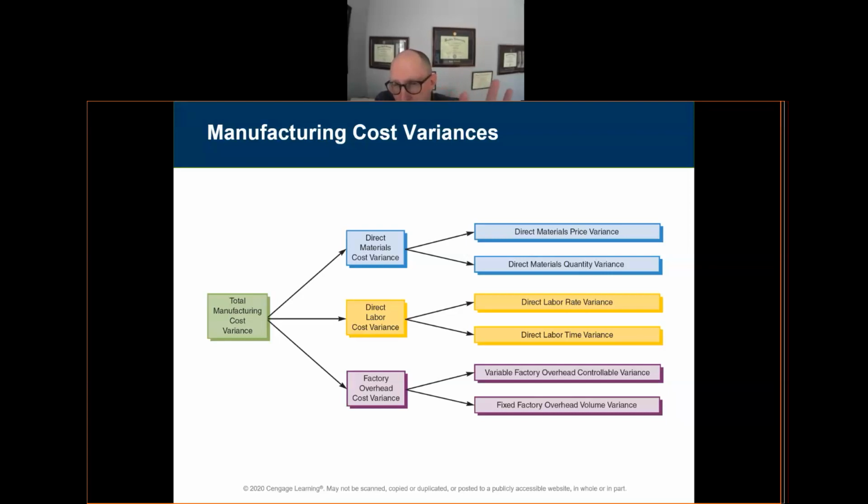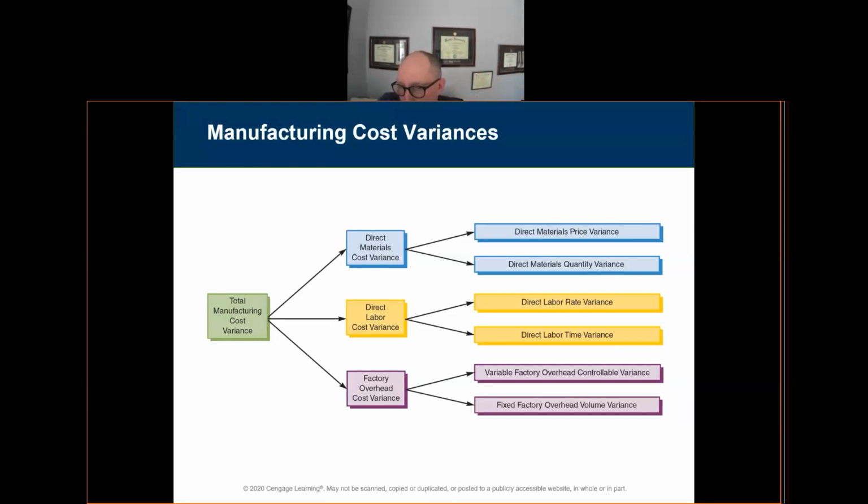We can separate out each variance. For example, in direct materials, we have a variance for the price of the direct materials, meaning how much we purchased the raw materials at. And then we also have a variance in the quantity, how much we actually received. For labor, we have a variance in the labor rate, the dollar amounts per hour, budgeted dollars per hour versus actual dollars per hour.